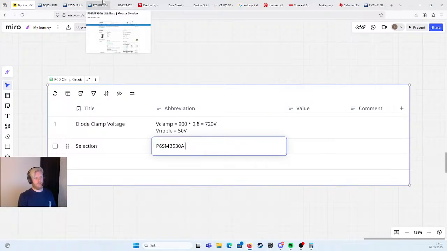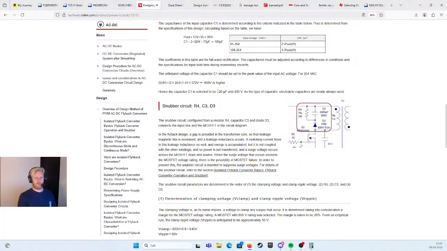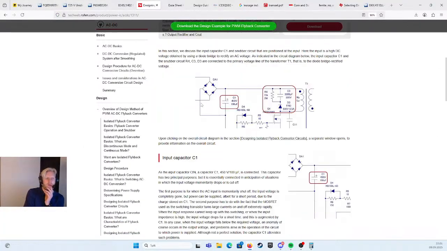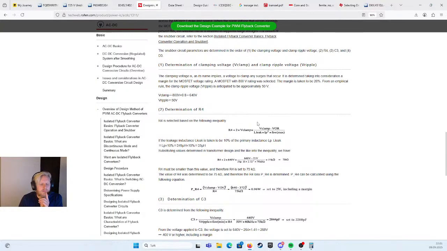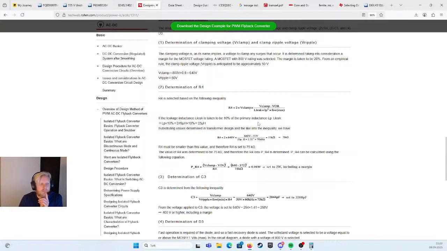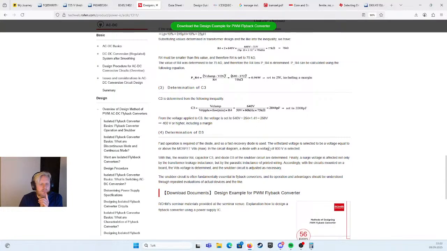The V ripple. In the circuit diagram, a diode with a voltage of 800 volts is selected.